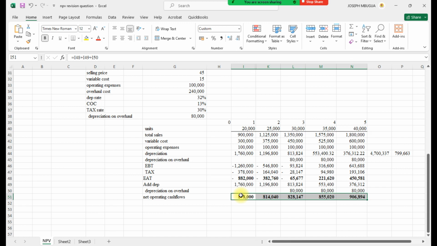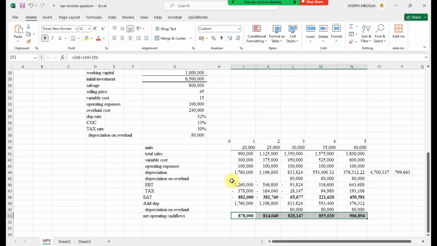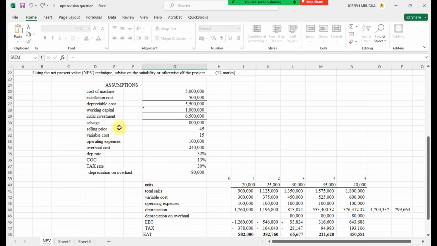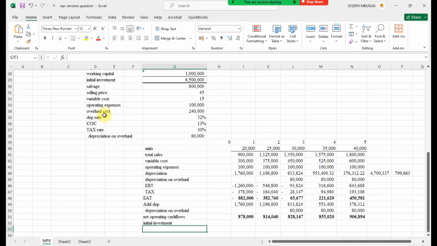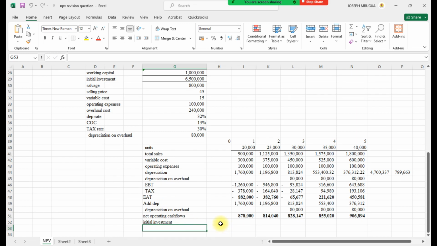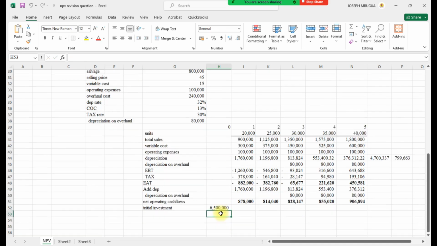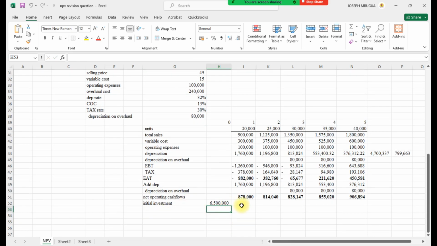And now our investment statement. Our initial investment was 6.5, but we also have salvage. So let me bring in my initial investment in year 0. In year 0 we shall need 6.5, which we shall minus because it is in year 0.